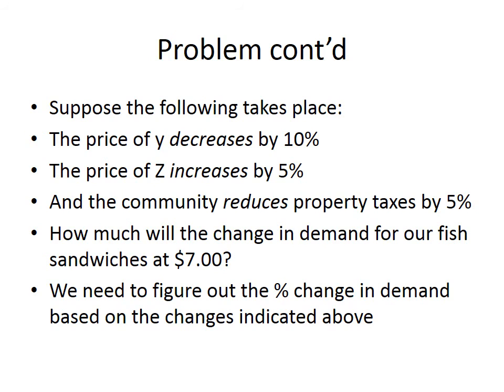If you increase property tax, it reduces disposable income. Therefore, if you reduce property tax, it's going to increase disposable income. So that's going to be an income increase. Okay? How much will the change in demand for our fish sandwiches be at $7? We need to figure out the percentage change in demand based on the changes indicated above.